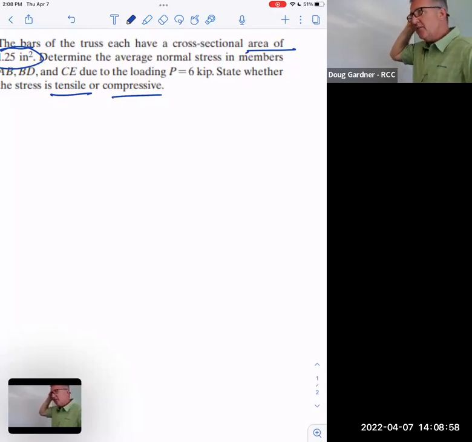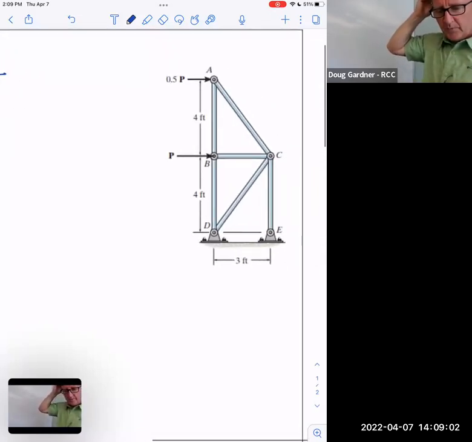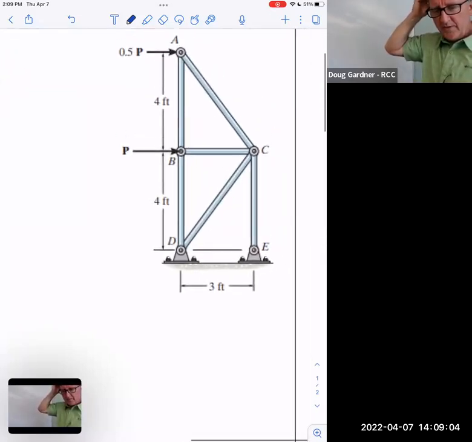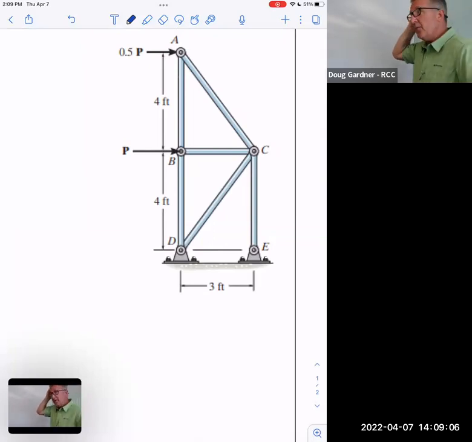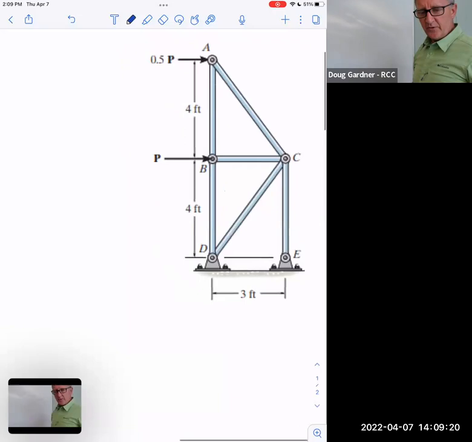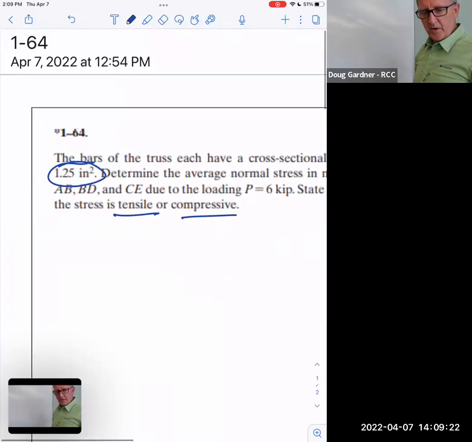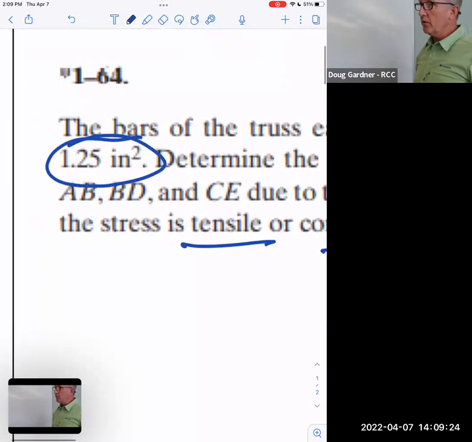But then I have to say it's under tension or compression, because remember, we're kind of building this thing. There's nothing saying what size bar that is yet. If we get something like 18 PSI, which is a really small number, in compression on this bar, then we go look in a table to see what kind of bar would do that. The only thing that's a little weird is that if I change the bar, then that's not 1.25 anymore, right?